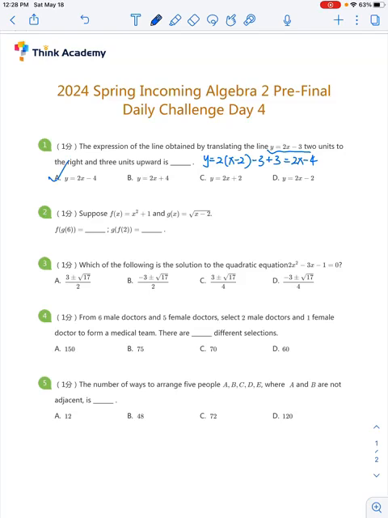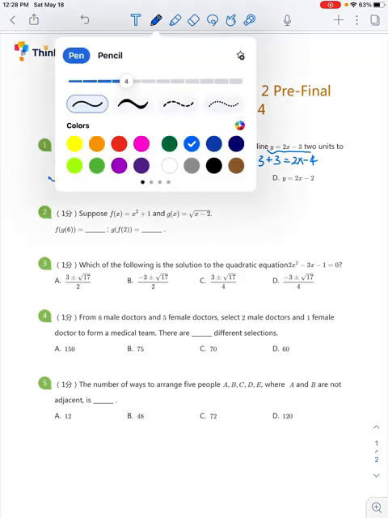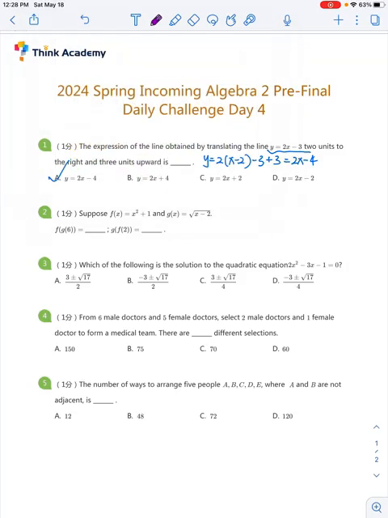Okay, and for the second problem, suppose f of x equals x squared plus 1 and g of x equals the square root of x minus 2. Then f of g of 6 is equal to which value? Remember, we want to go from the inside out.